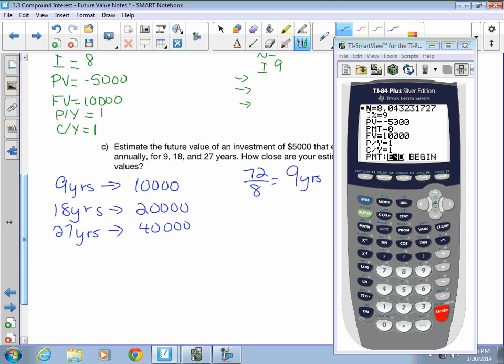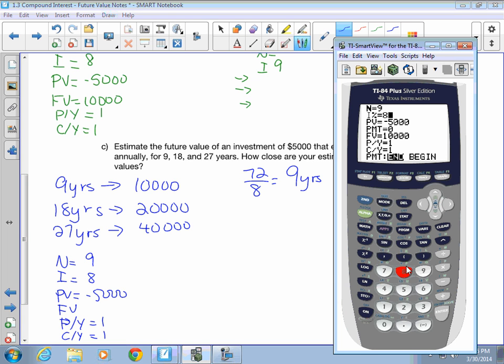So we can check this using the TVM solver by saying that our N is 9 years, our interest is 8, present value, so we're starting with that $5,000. What is our future value going to be? And again, these are being done just annually. So if I try that on here, our N for the first one was 9 at 8%, investing $5,000.